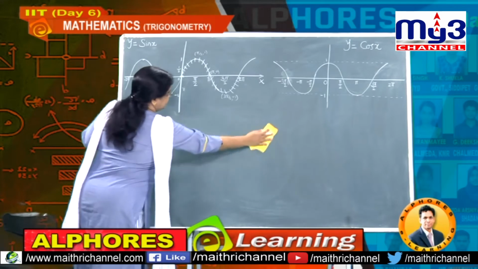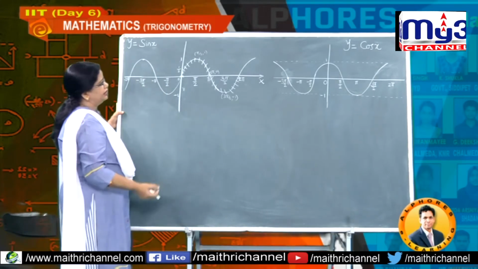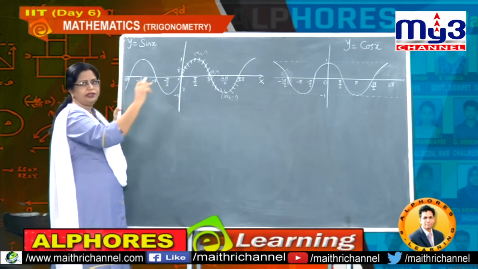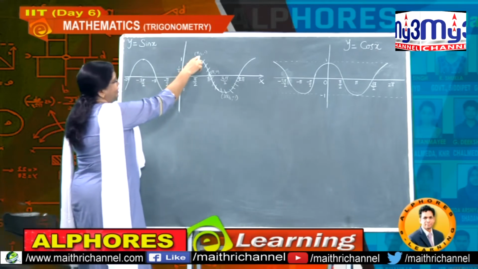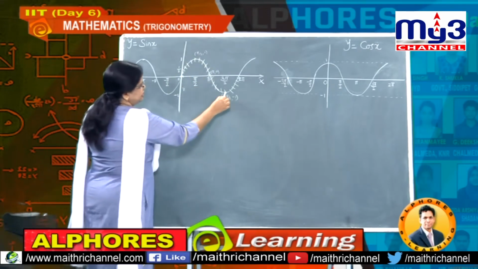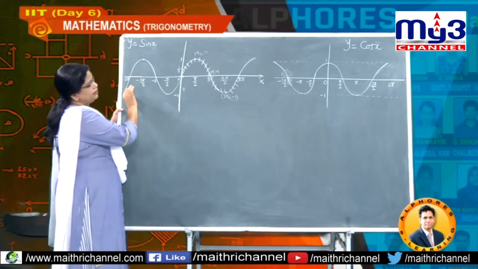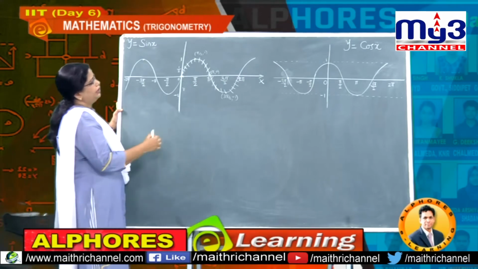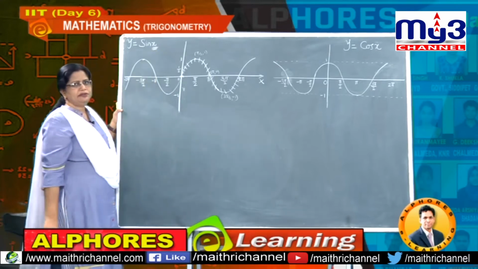So now let us see what results we observed from the sine function. First, it is a continuous curve. After that we observed it is increasing from 0 to 90, decreasing from 90 to 270, and again increasing from 270 to 360 and more also. Understand? So we observed the increasing and decreasing nature of the function, and later we observed sine can take all real numbers, as we observed earlier.